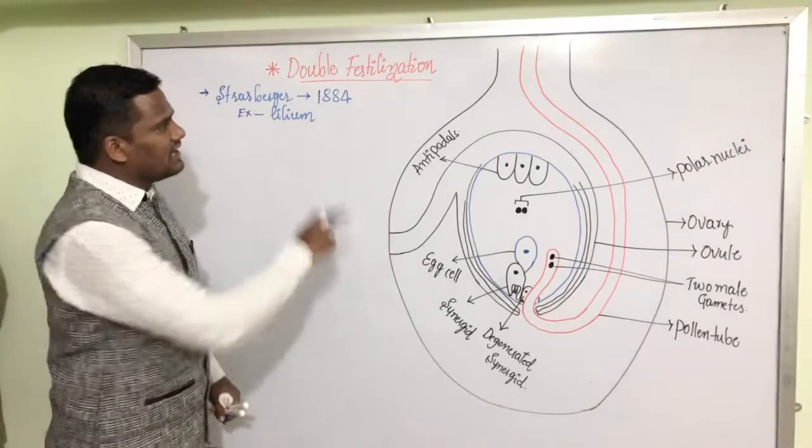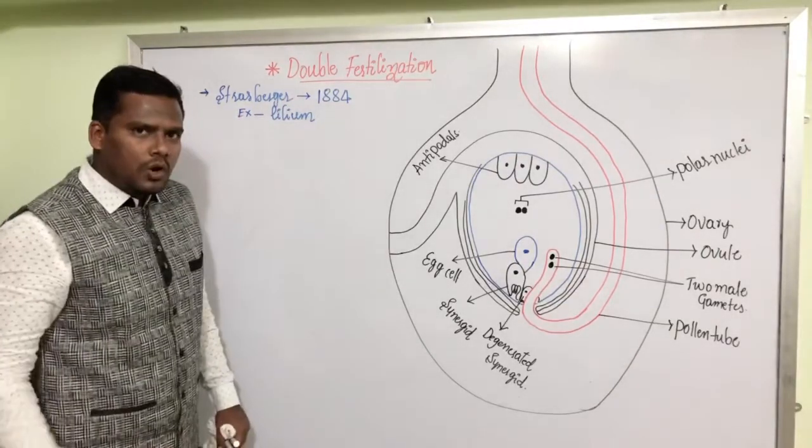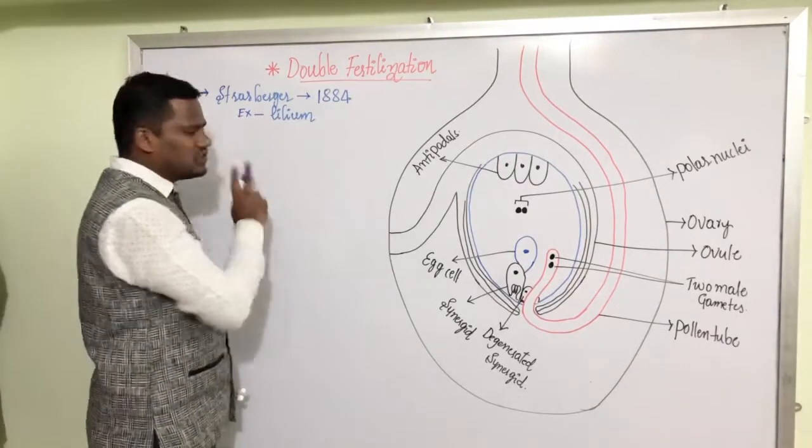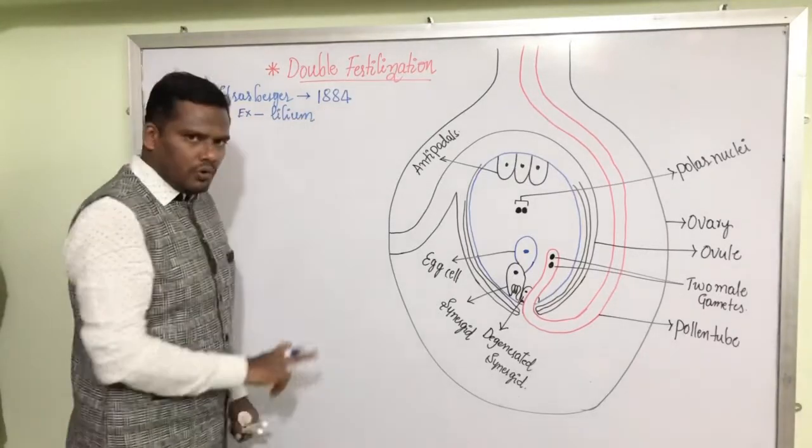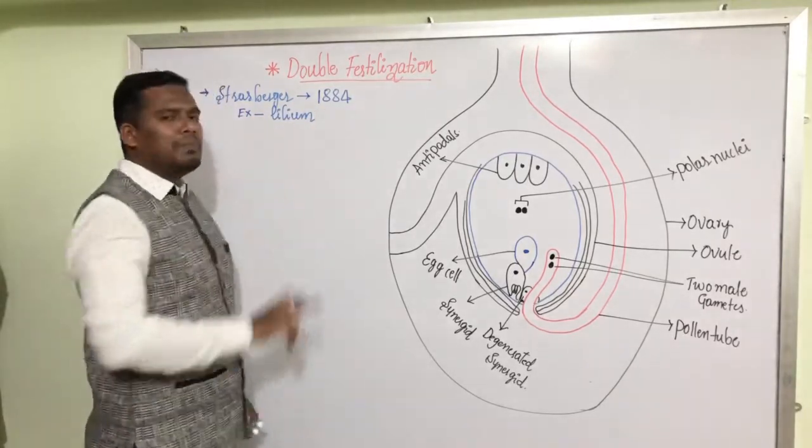That means the double fertilization event was discovered by a German scientist, Strasburger, in 1884 in lilium plant.